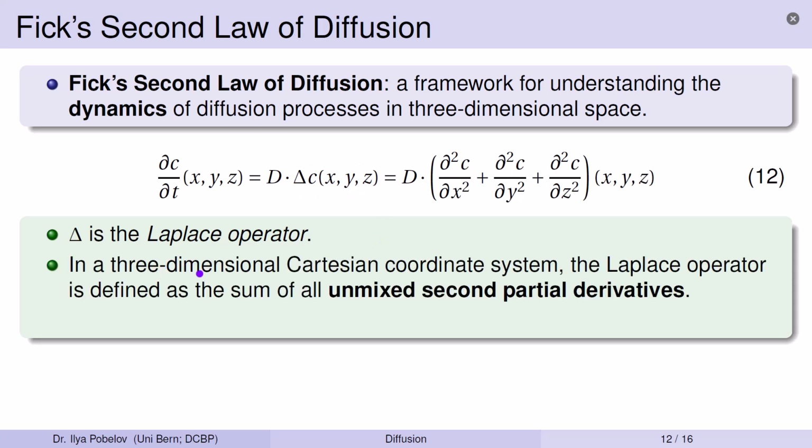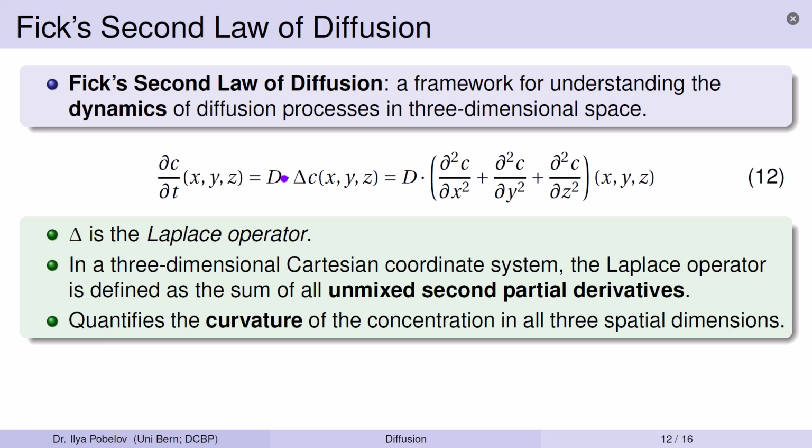In a three-dimensional Cartesian coordinate system, the Laplace operator is defined as the sum of all unmixed second partial derivatives. The Laplace operator quantifies the curvature of the concentration in all three spatial dimensions.